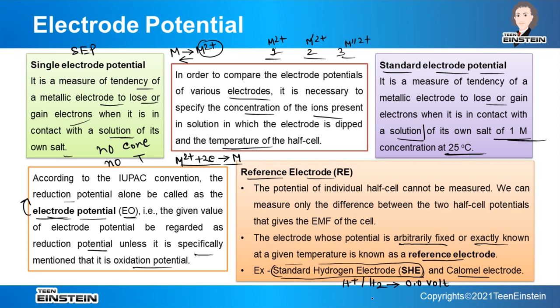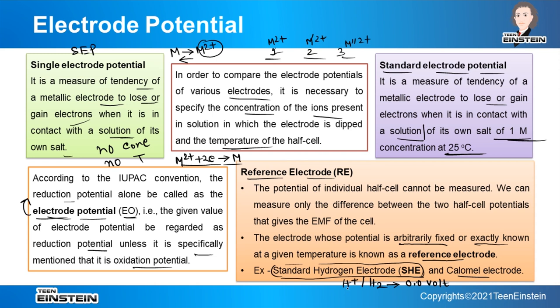We will compare all the other half cells which are attached to the SHE, the standard hydrogen electrode, and then we will measure the electrode potential, that is, the corresponding voltage generated in the circuit. That will be treated as the overall electrode potential.